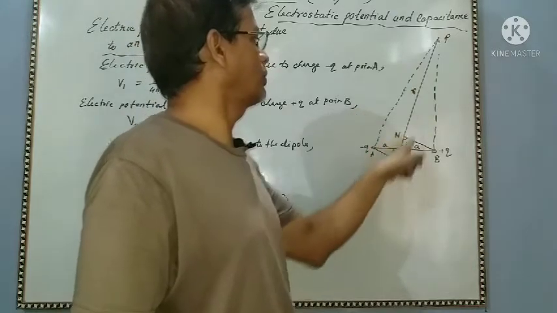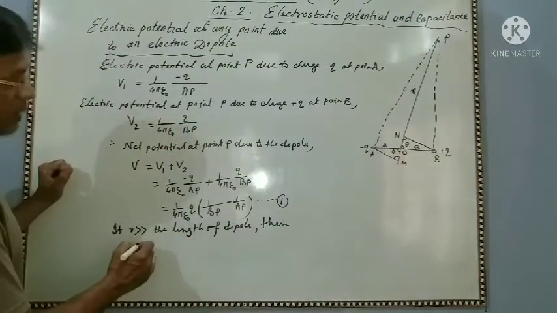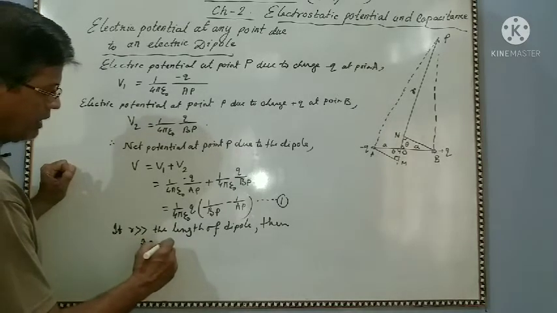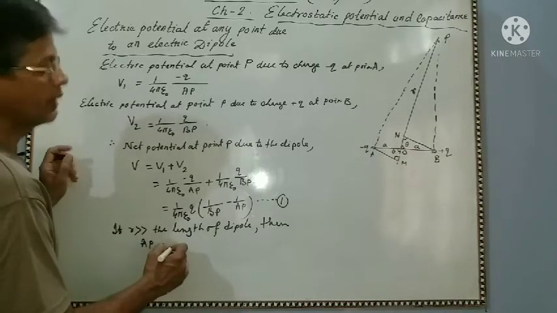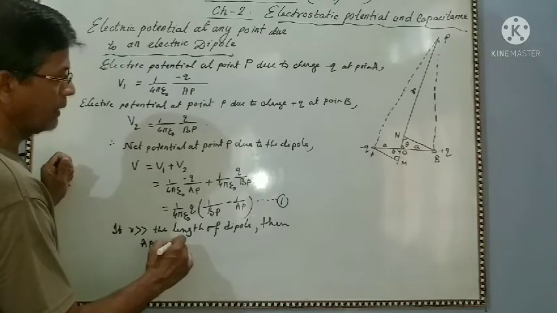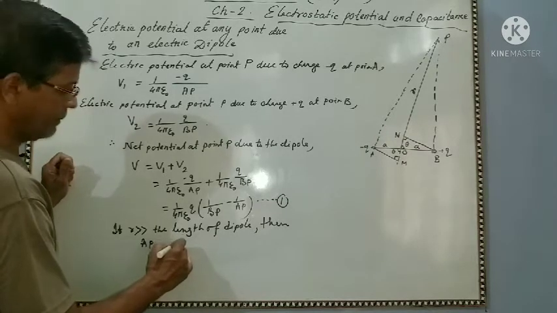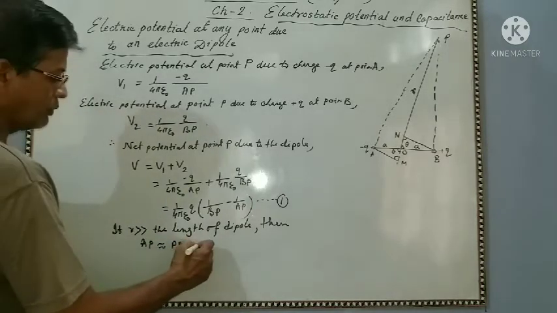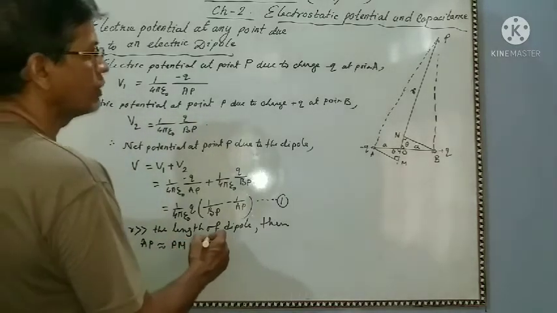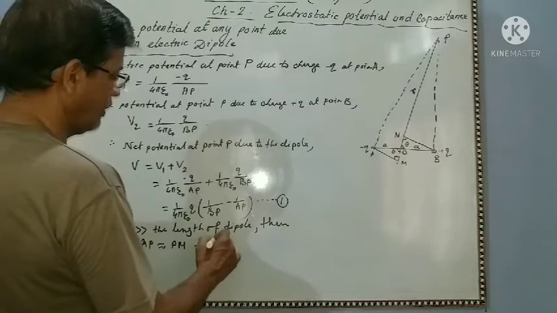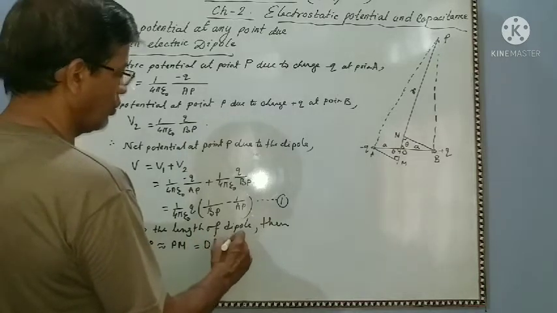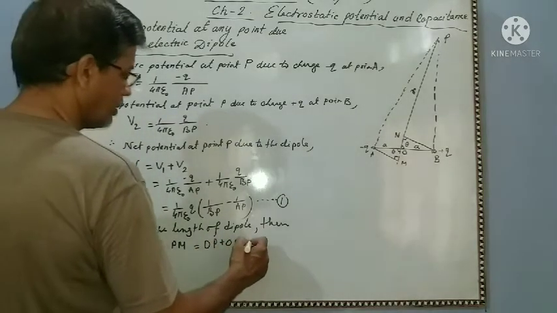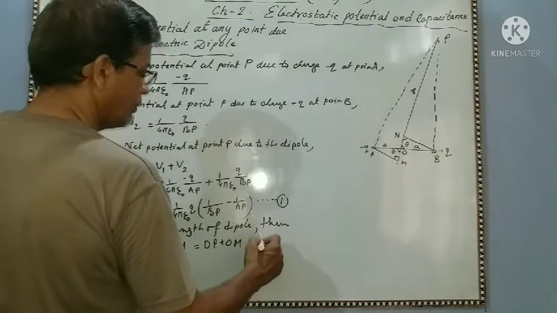AP is nearly equal to PM. PM equals OP plus OM, and OP means r.